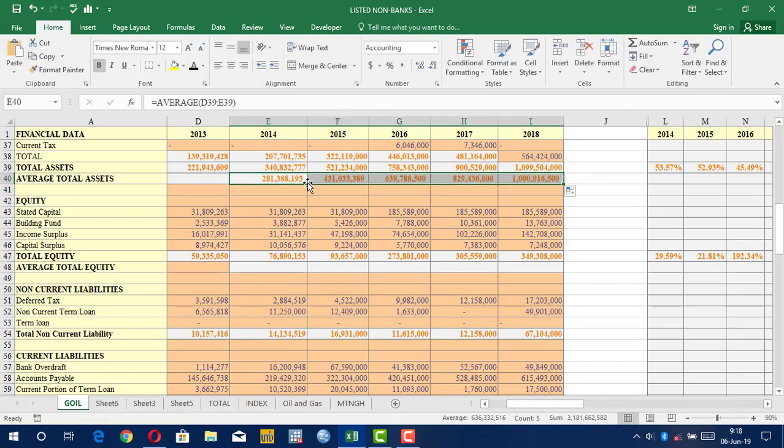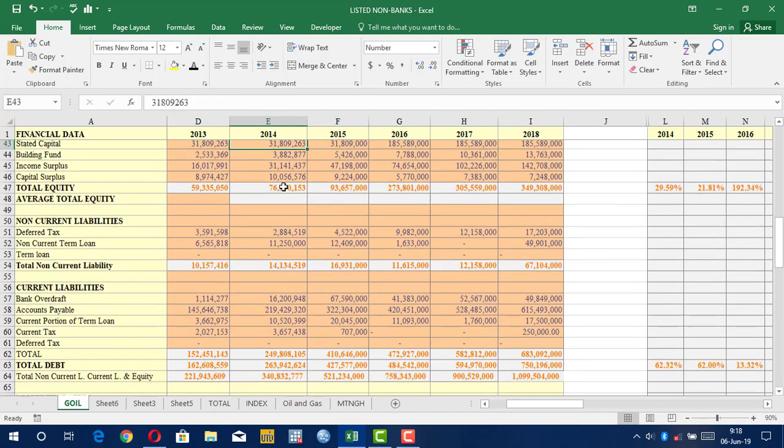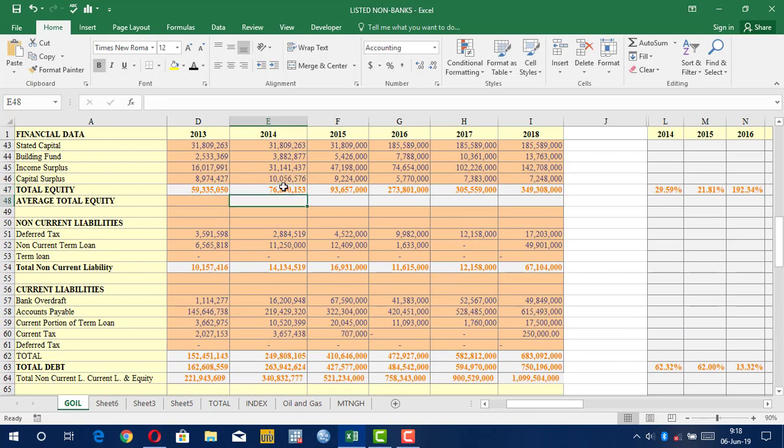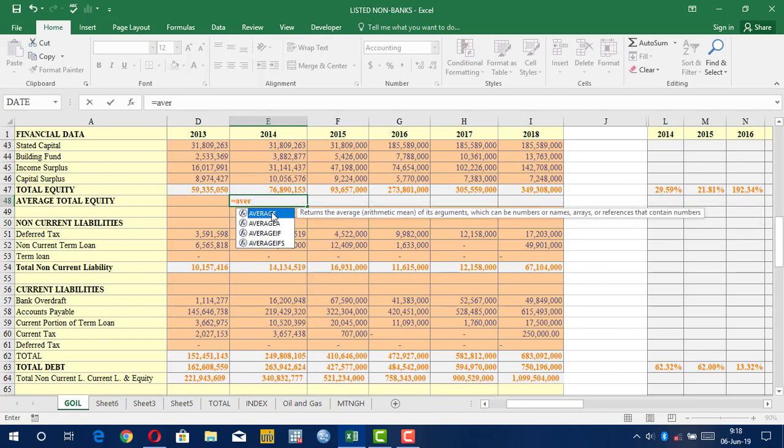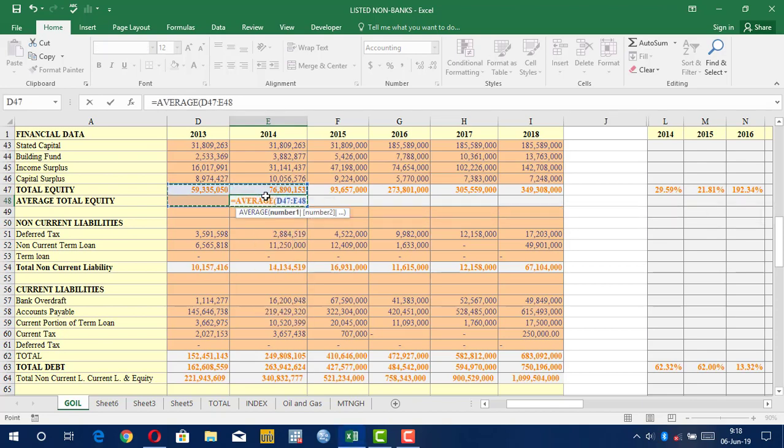So that is our average total assets. We'll do the same for average total equity, which is the previous plus the current divided by 2.